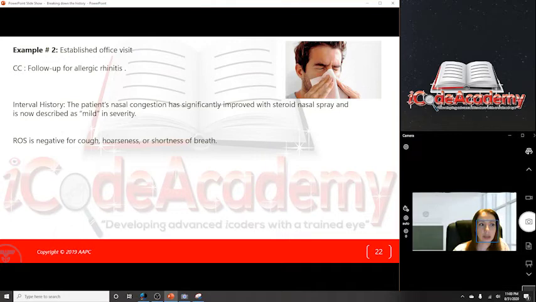Review of systems is negative for cough, hoarseness, or shortness of breath. So let's start picking that apart. Here we can see that we have documentation for the nasal, which is going to be our location. Next, we have congestion. Congestion, again, is a descriptive term, so we're going to take that for quality.